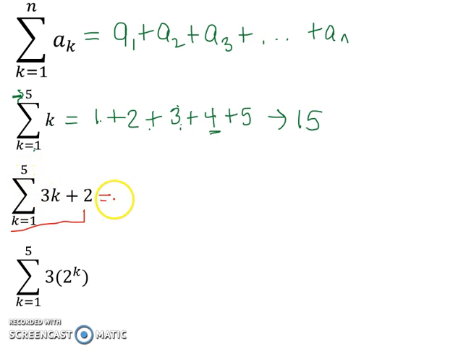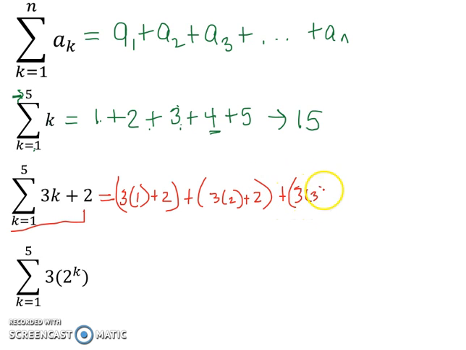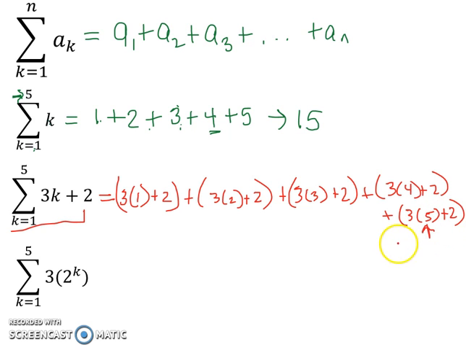So this is 3 times 1 plus 2 plus 3 times 2 plus 2 plus 3 times 3 plus 2 plus 3 times 4 plus 2 plus 3 times 5 plus 2. And we can stop because our k has hit 5. So k equals 1 through 5, and we're done.